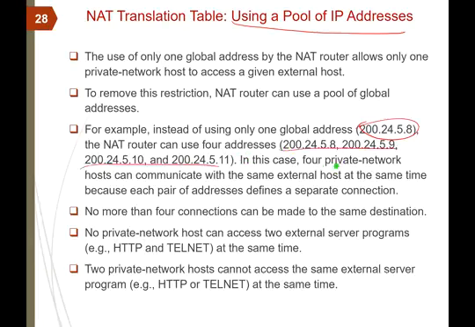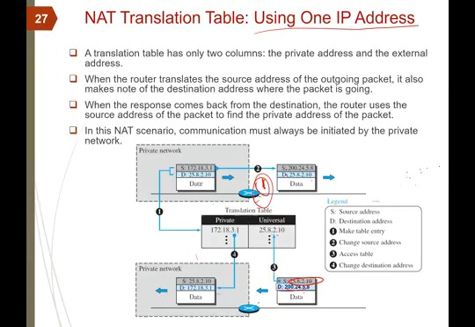In this case, 4 private networks can communicate with the same external host at the same time, because each pair of addresses defines a separate connection. No more than 4 connections can be made to the same destination.